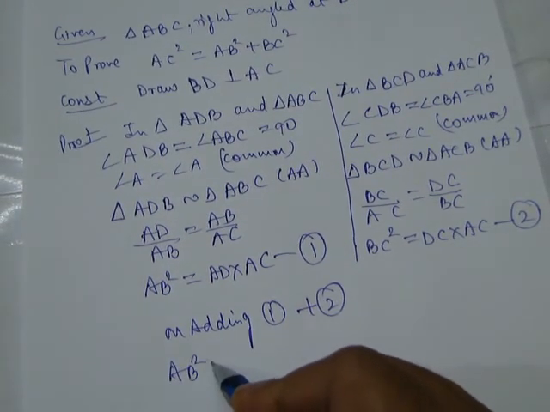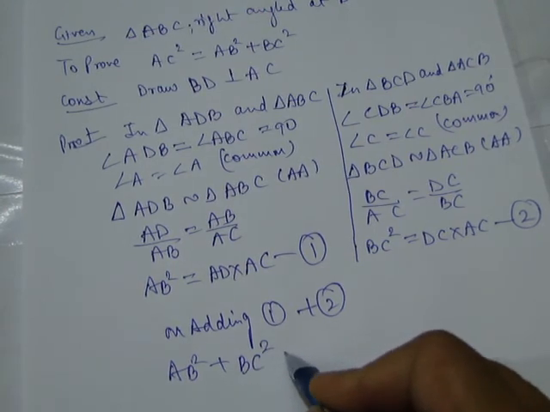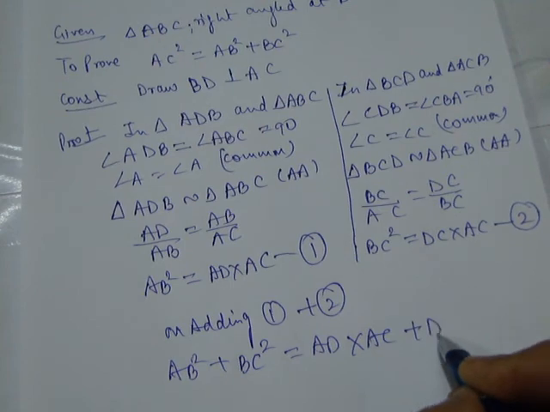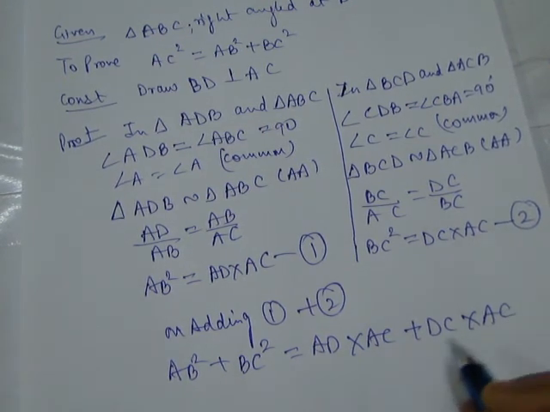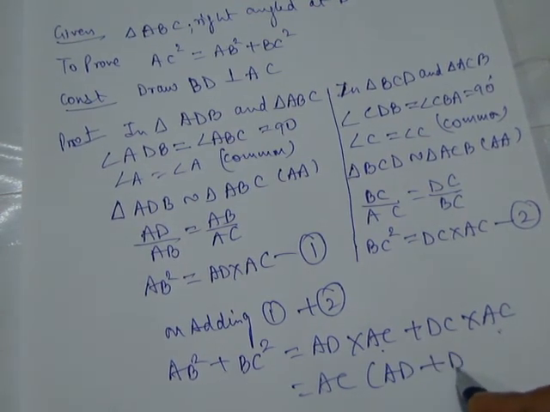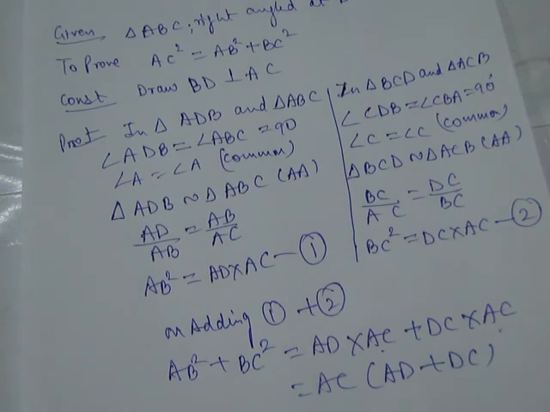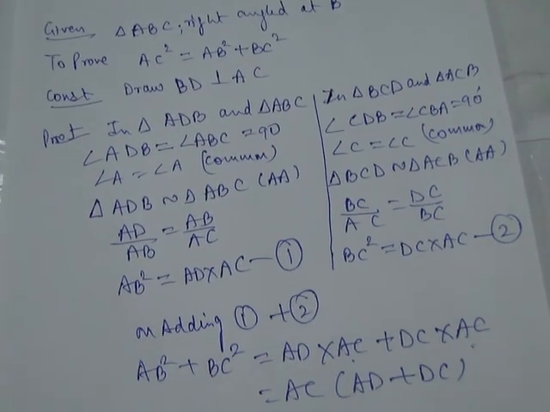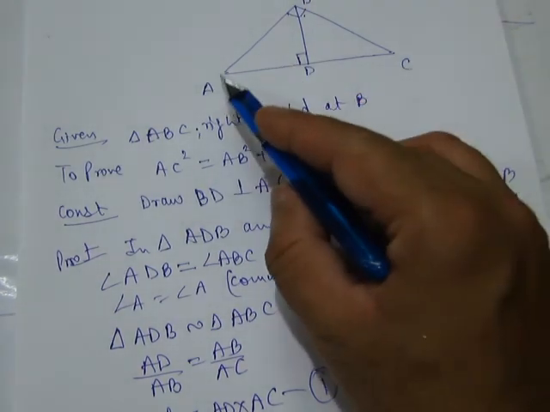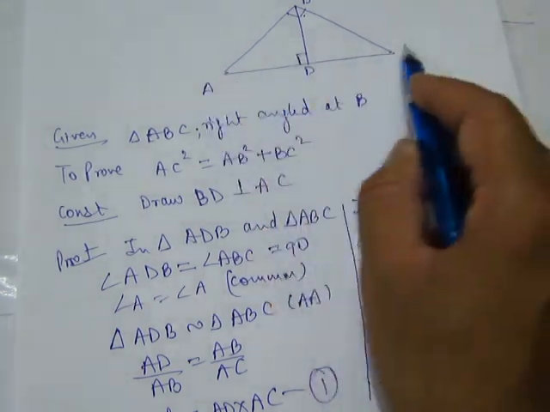AB square plus BC square equal to AD into AC plus DC into AC. You will notice that we can take AC common. So AD plus DC will be left. Now if you look at the figure, if you add AD plus DC, you will get AC.